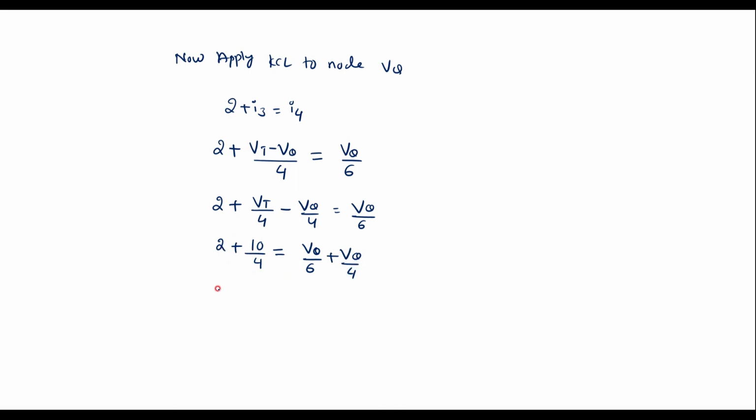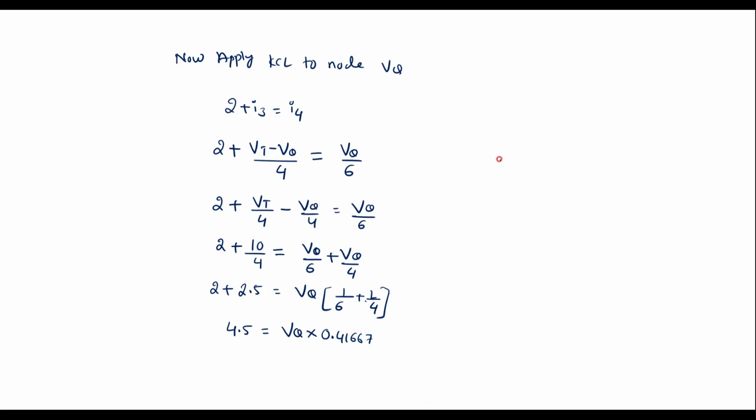So here I can write it as 2 plus 2.5 is equal to, we have Vq in bracket 1 by 6 plus 1 by 4, or I can write it as 4.5 is equal to Vq into 1 by 6 plus 1 by 4, it gives 0.41667.